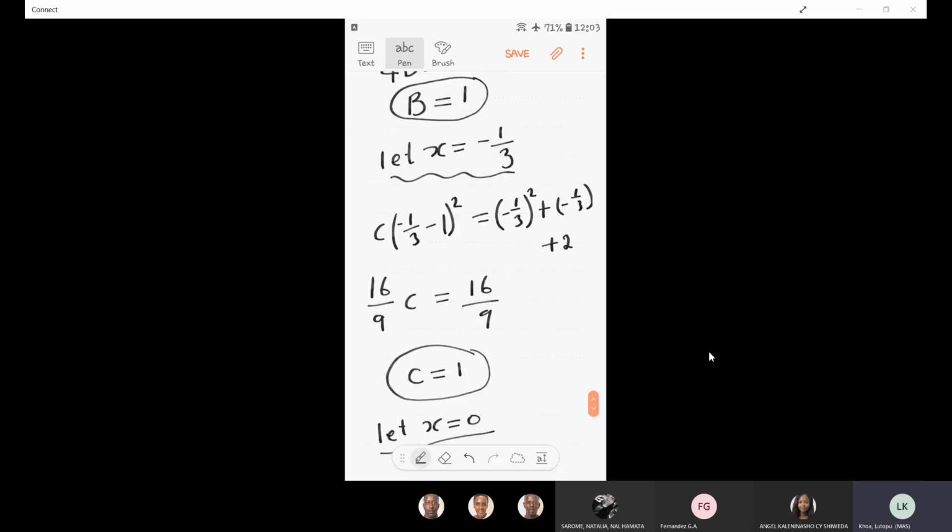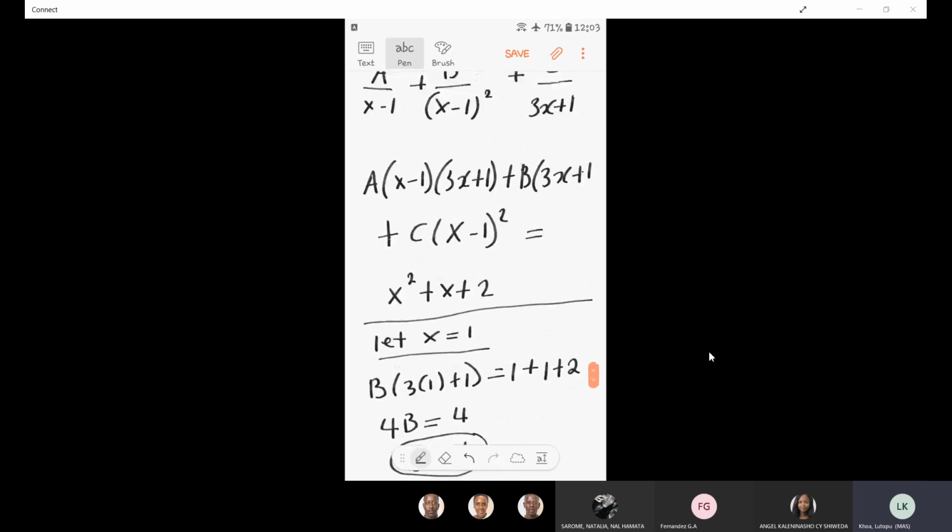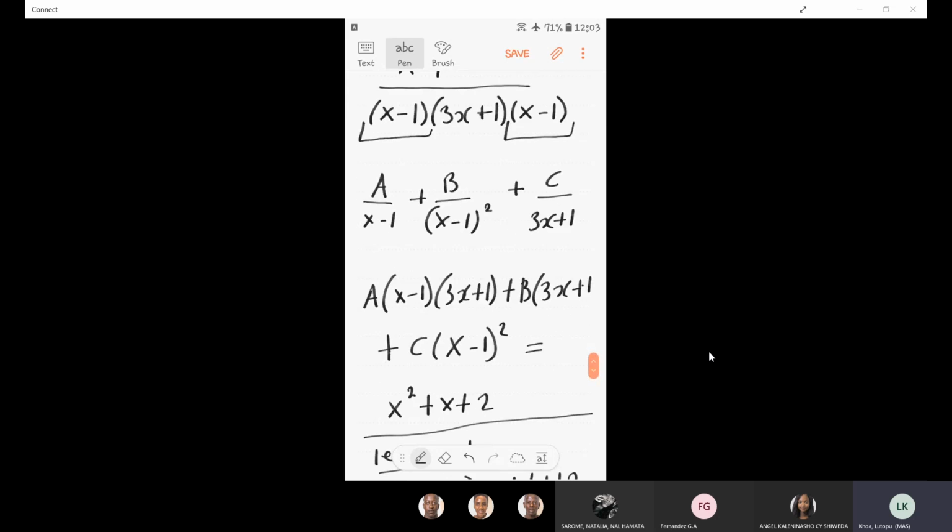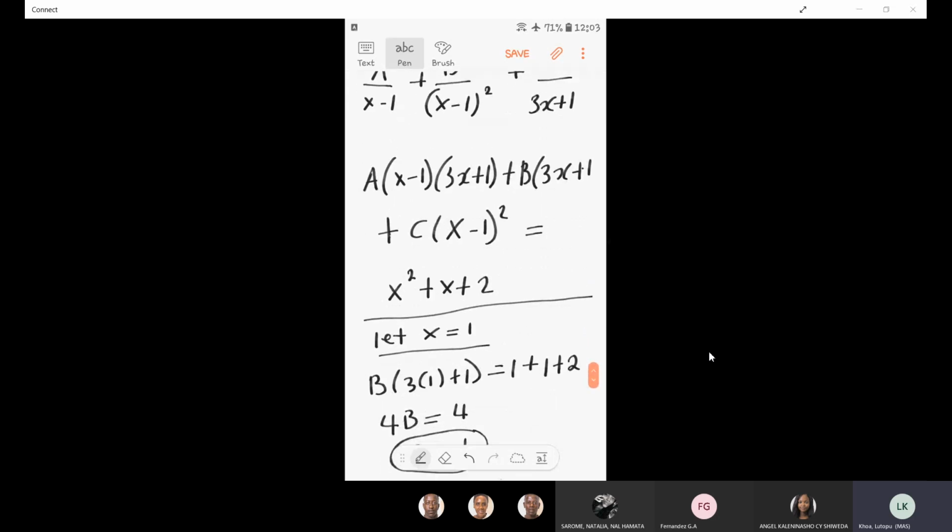Now when x is equal to 0, what I will have is, let me write it. So here, if that is 0, then I have minus 1 there. Then this one here is 1. And B, this bracket here is 1.